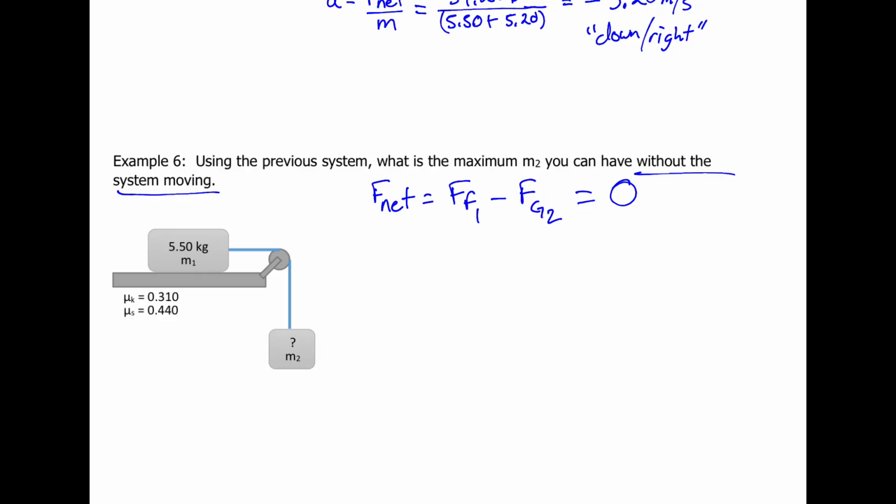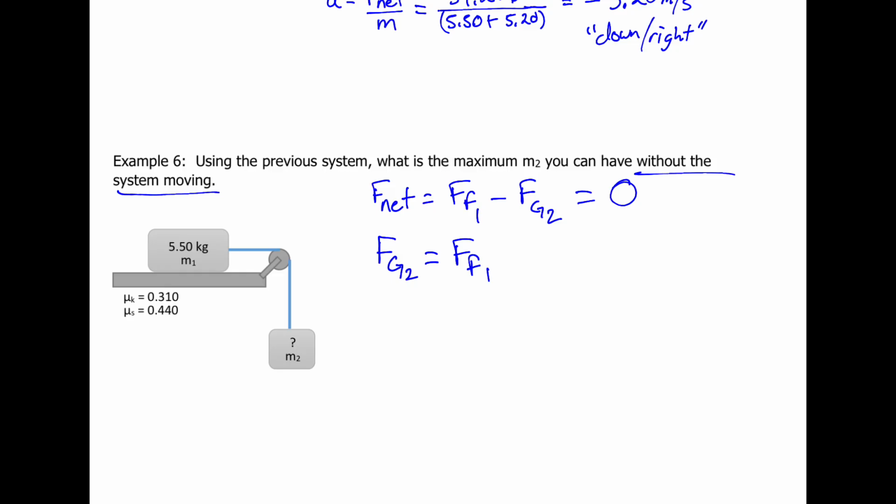Now that I've done all the hard work in the last part, it's really easy. I can also say that the force of gravity in 2 is equal to the force of friction in 1 because they're equal to 0. I can just algebra that one to the other side. I'm going to put down all the equations because I'll show you another quick trick.